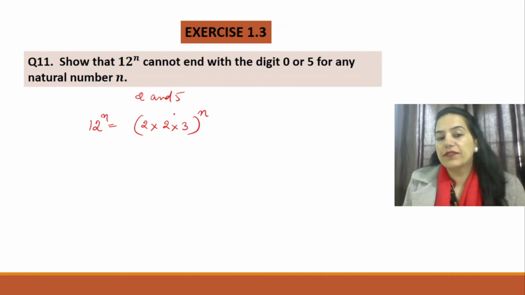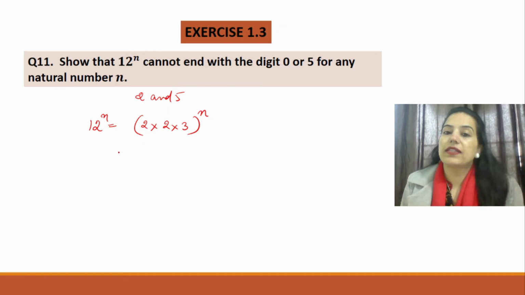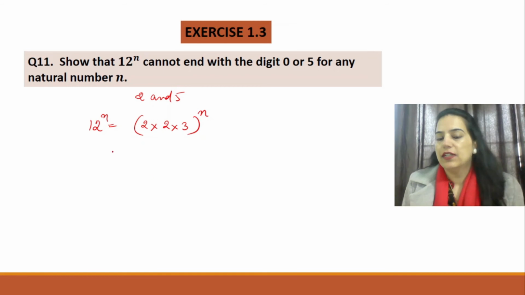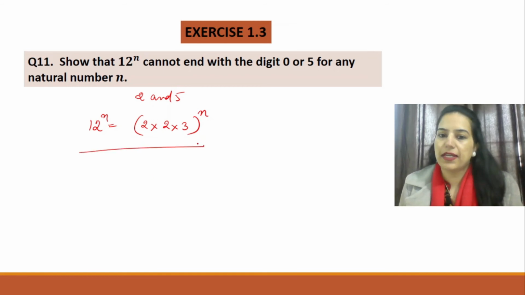Since there are no 2 and 5, there is no 5 rather. That is why this number will not even end with 5, right? A number to end with 5 needs to have 5 as the factor. A number to end with 0 needs to have 2 and 5 both as the factor. So both the things are not complied with here.